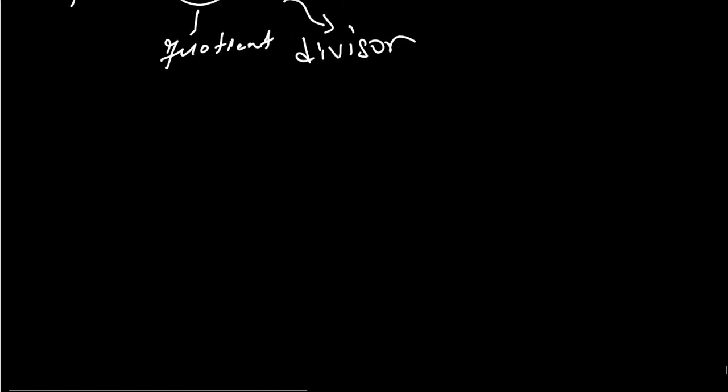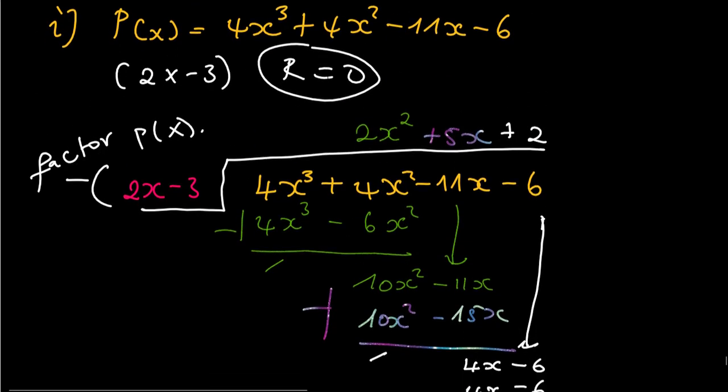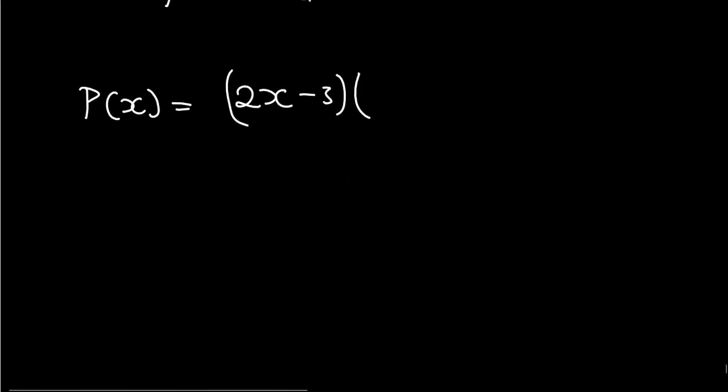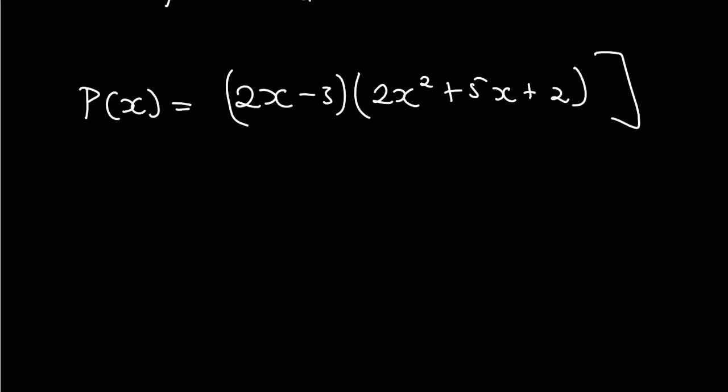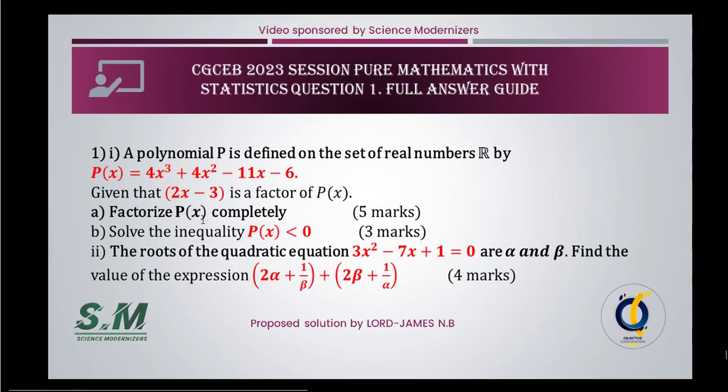Therefore, p of x in factorized form will be 2x minus 3 times what we had as a result, that's 2x squared plus 5x plus 2. So this is the first result. Now we have factorized p of x completely.